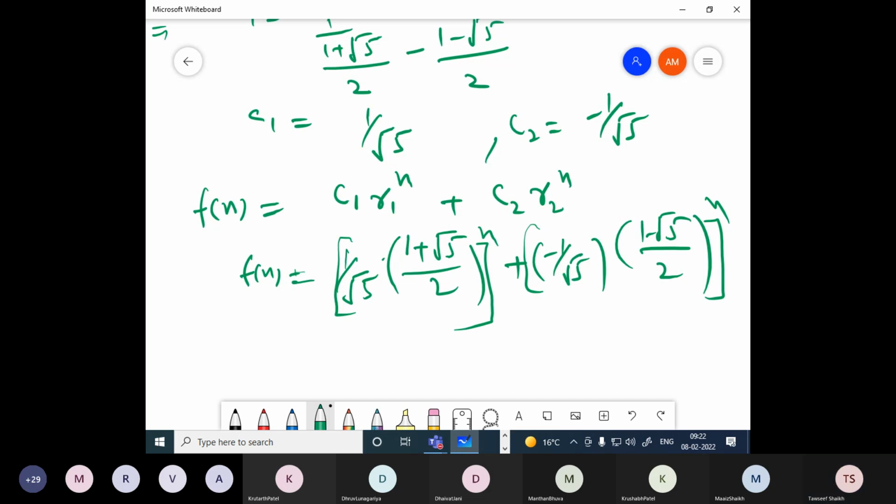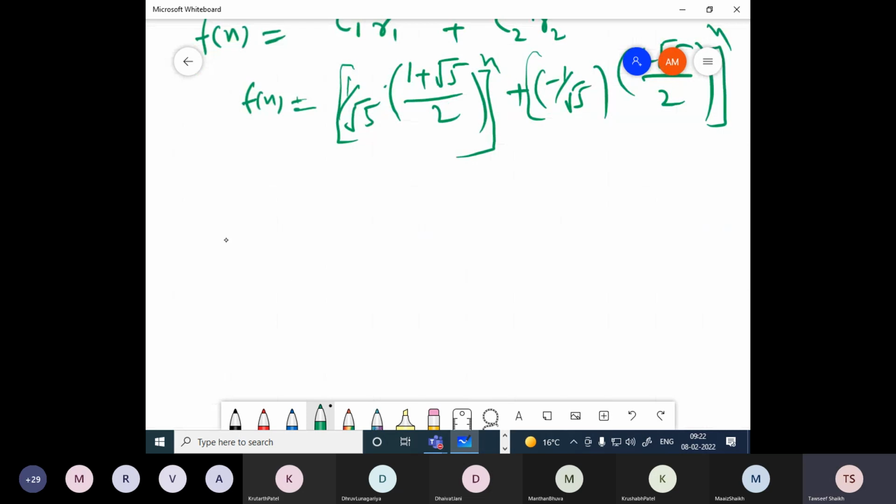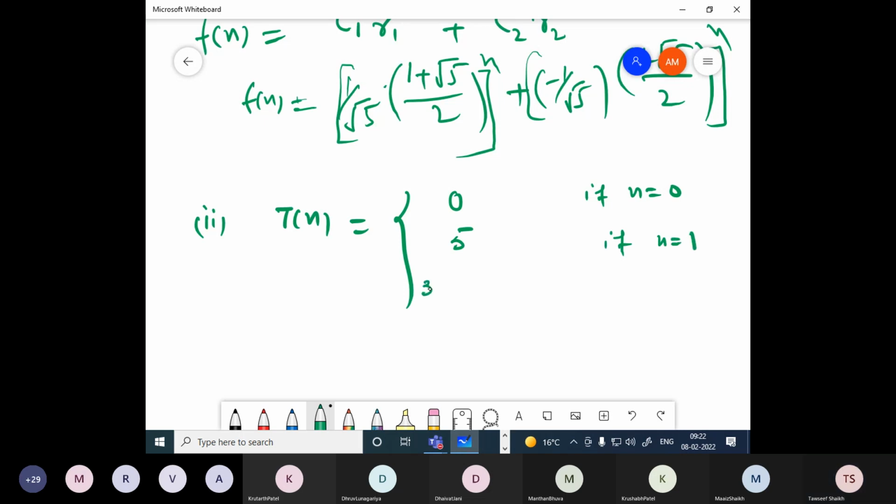Okay, and please open your rough copies, and there is one more equation of the same pattern which will be given to you for solution, and that is T of n is equal to 0 if n is equal to 0, 5 if n is equal to 1, 3T(n minus 1) plus 4T(n minus 2) if n greater than 1.